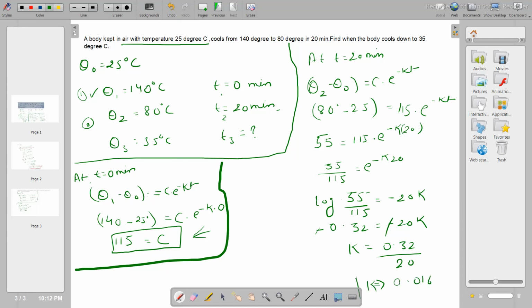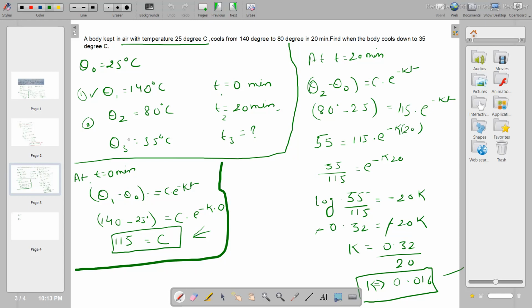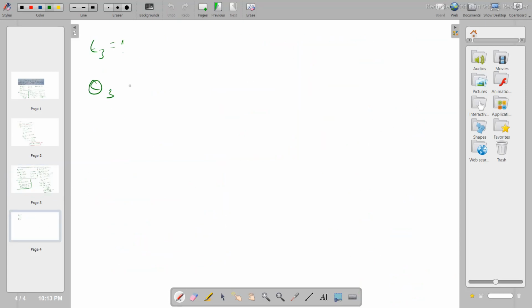Now we have the k value, we have the c value. Now we'll move ahead with theta 3. For theta 3, we have to find t3, right? And theta 3 is given as 35 degrees Celsius. So again we will use that formula. Theta 3 minus theta naught is equal to c into e power minus kt.